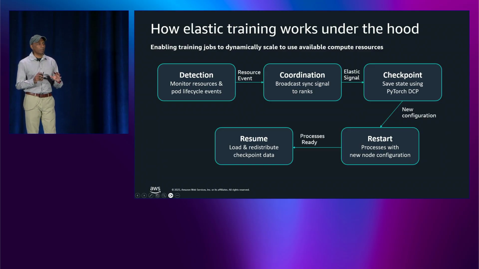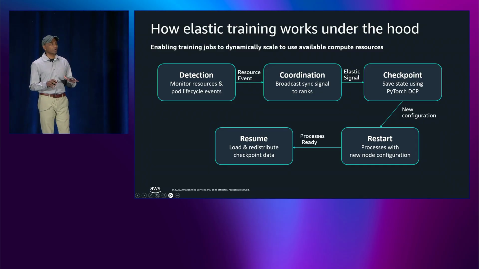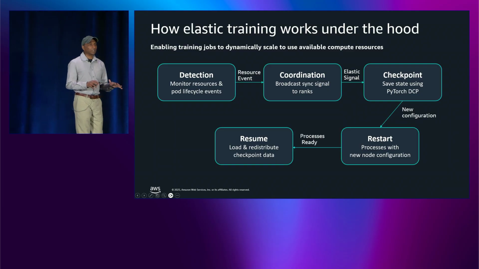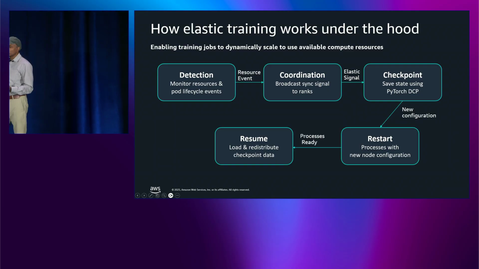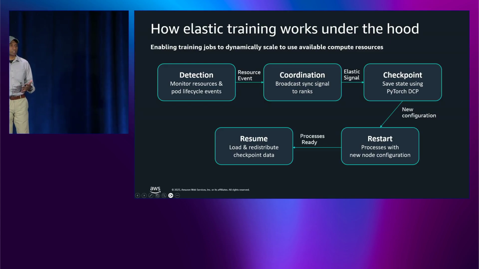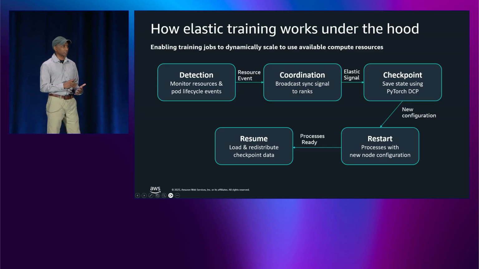Now that the operator has told all the training processes that, hey, you need to go take a checkpoint, the training operator will terminate all the training processes and restart them with the new configuration. That would be either with more training processes if it's a scale-up event, or fewer training processes if it's a scale-down event.